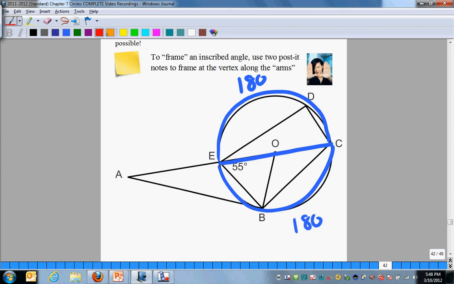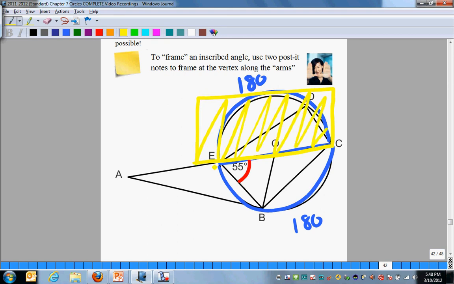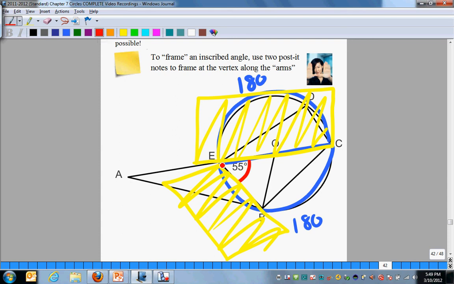Now, we're given only one angle here, so we're going to sweep that and get out your Post-its, and I'd like you to frame that angle. We see that's an inscribed angle.